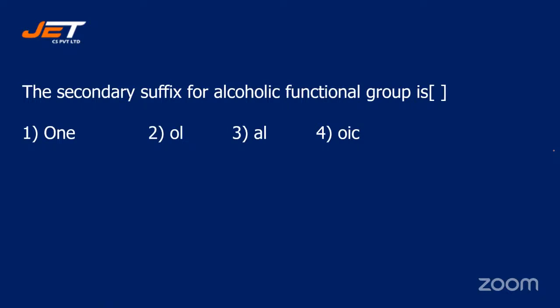The secondary suffix for alcoholic functional group is, and your options are number one, one, option number two, ol, option number three, al, option number four, oic.